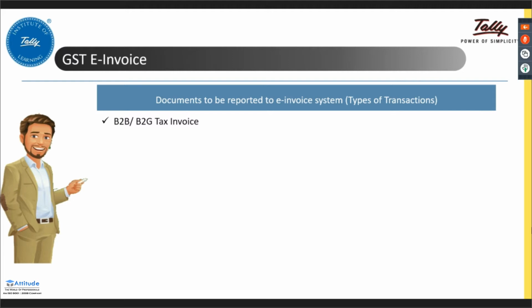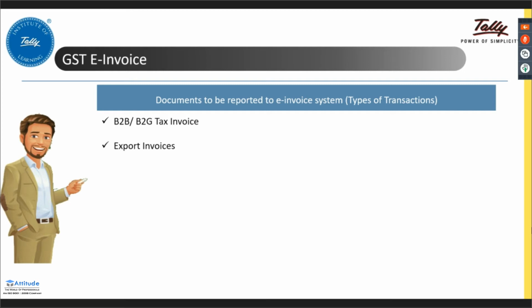Apart from that, a B2G tax invoice also. B2G is nothing but from business to any government. Any supply made from a business to the government is mandatory, so such transactions must be reported through e-invoice.